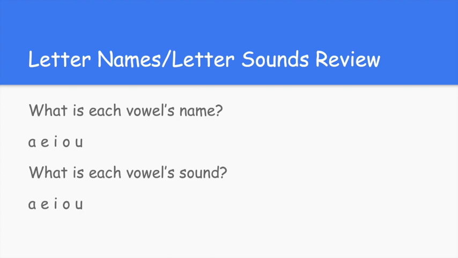We have A, which makes A, E, which makes E, I sounds like I, O sounds like ah, and U sounds like uh. But here's the thing. That's just one sound that each of these vowels can make, but they can actually make a whole bunch of different ones too.